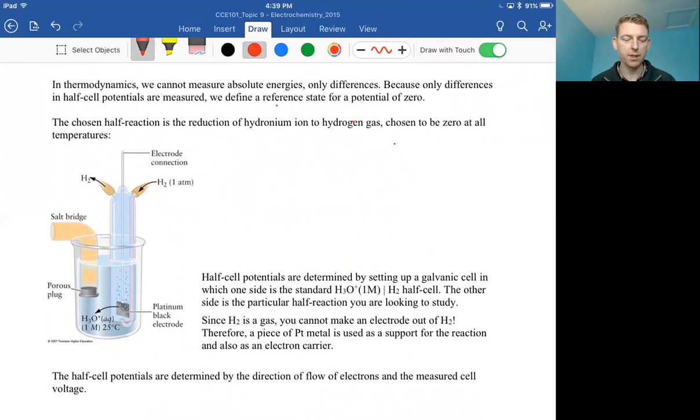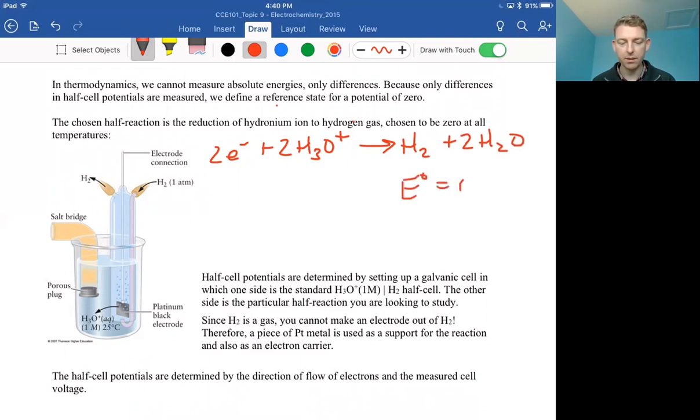So the zero that we've just chosen arbitrarily is for the reaction 2 electrons plus 2 hydronium molecules into hydrogen gas plus 2 liquid water. Okay, that is by definition, the half cell voltage is 0.0 volts. So that's what our reference potential is.